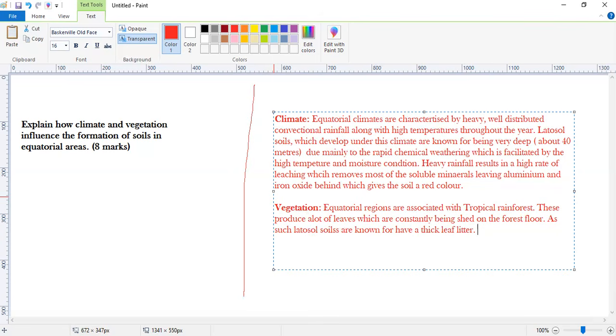So we could say due to the high density of plant population, there is a heavy demand for nutrients.